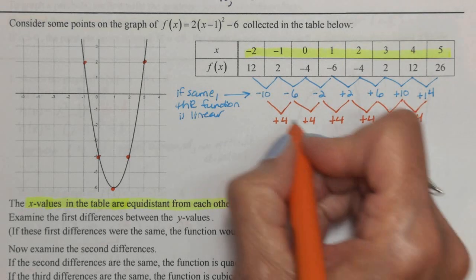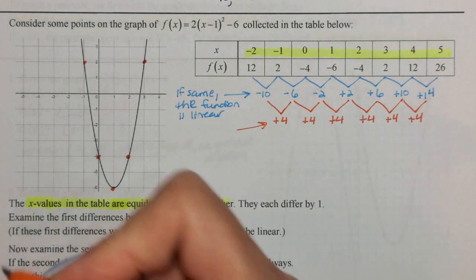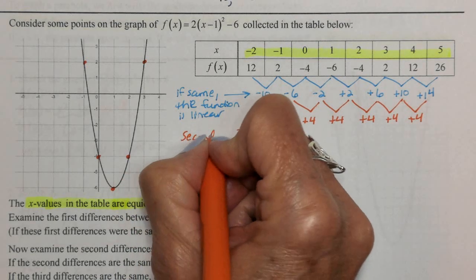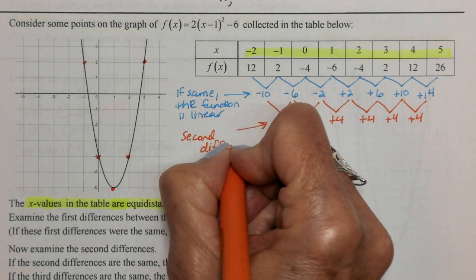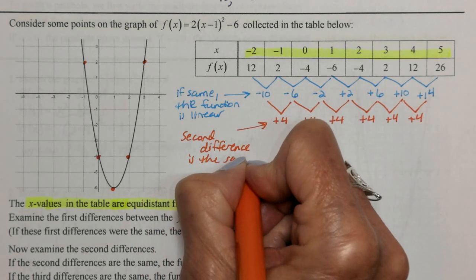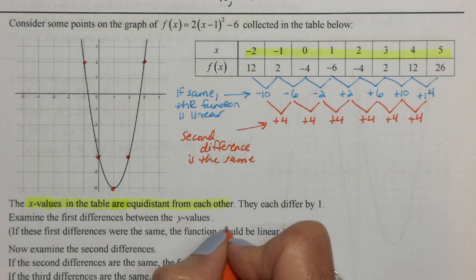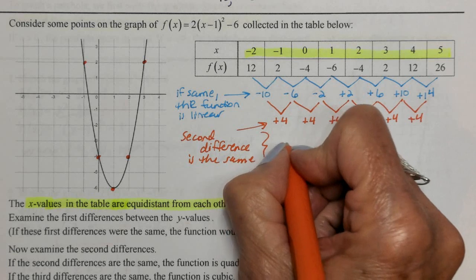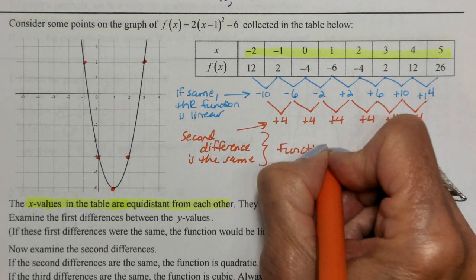There's your constant. These are the same. If the second difference is the same, if that is true, then your function is quadratic.